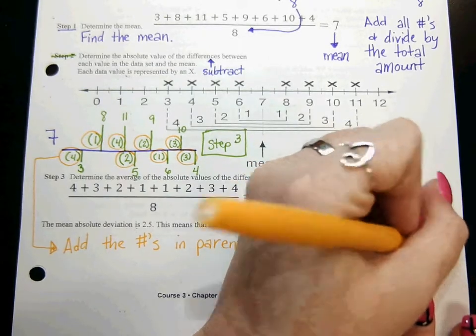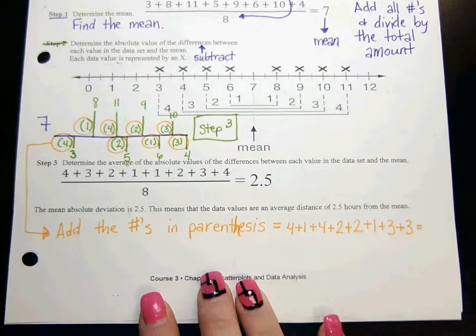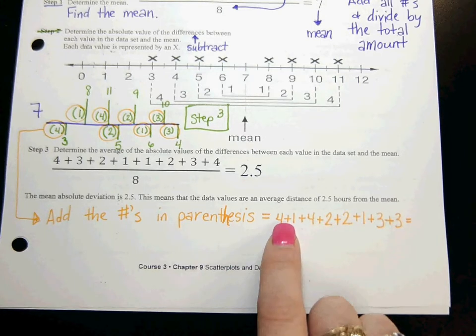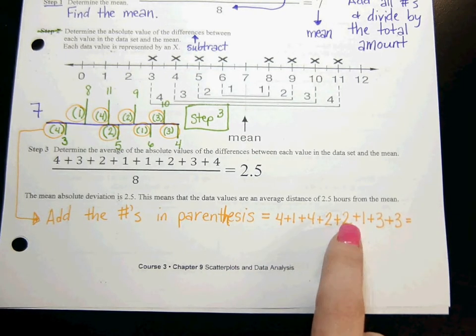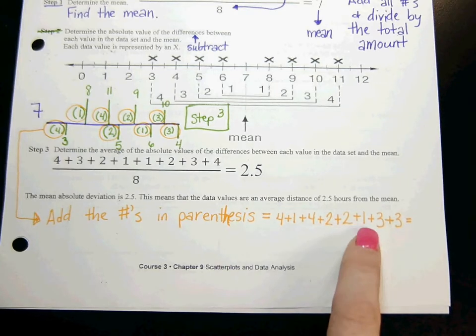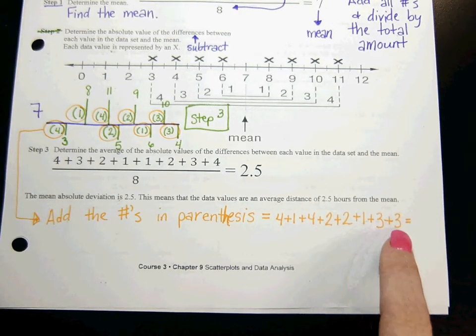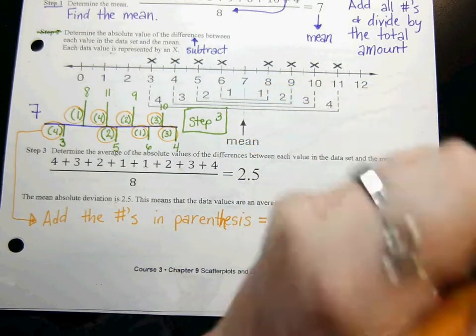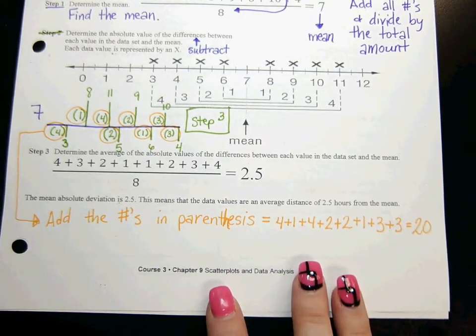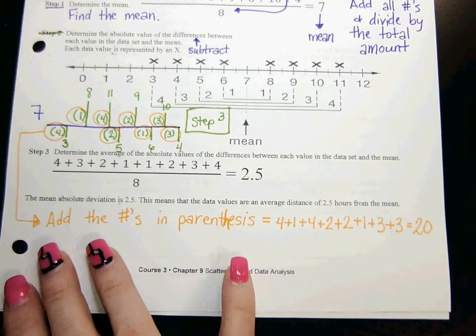And you should still have 8 numbers. 4 plus 1 is 5, plus 4 is 9, plus 2 is 11, plus 2 is 13, plus 1 is 14, plus 3 is 17, plus 3 is what? 20. Okay, this is step 4.